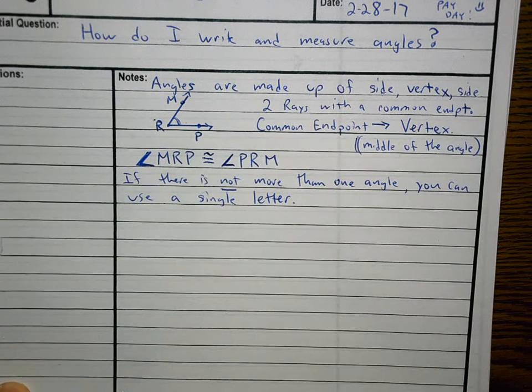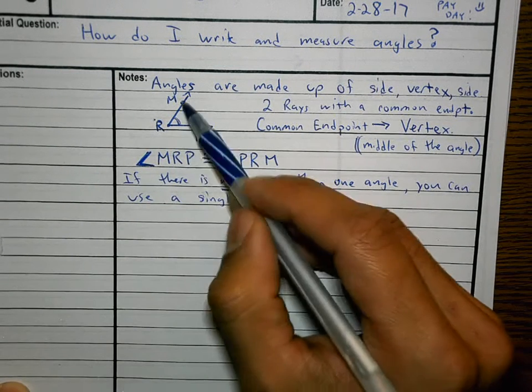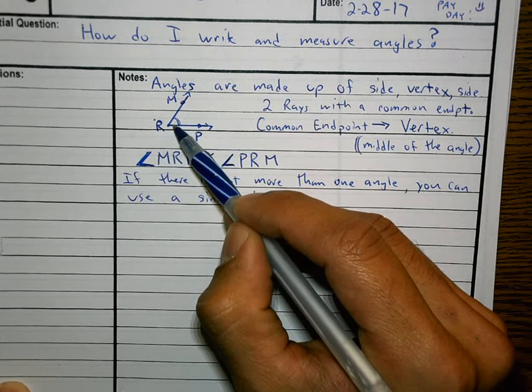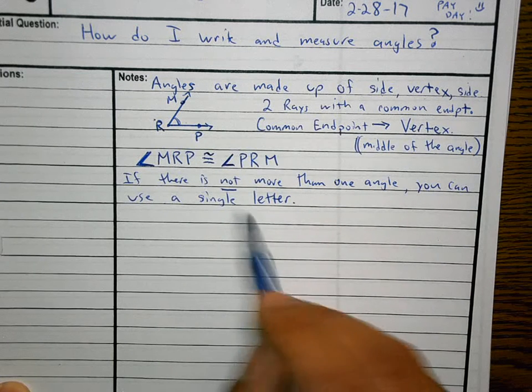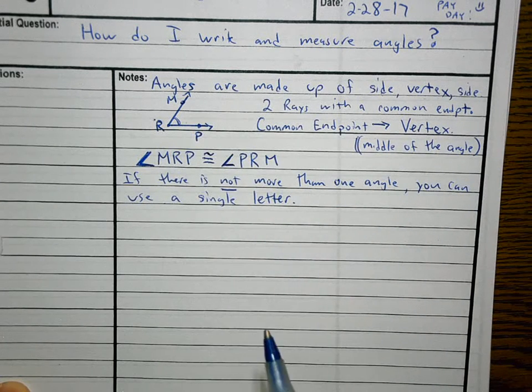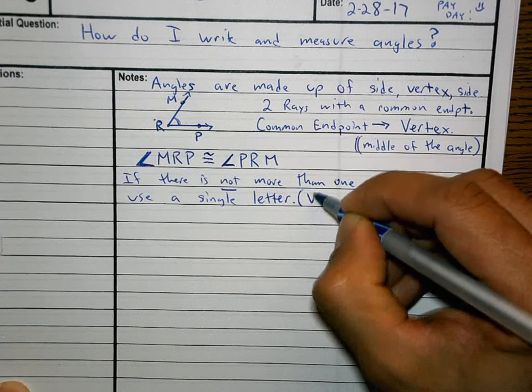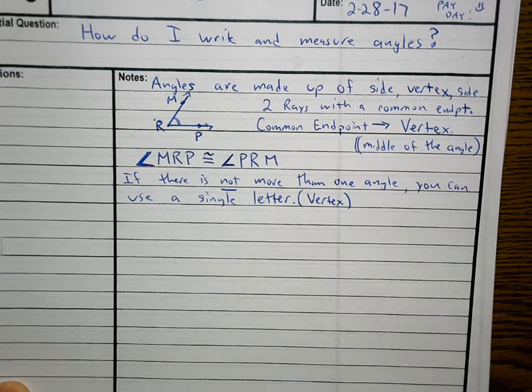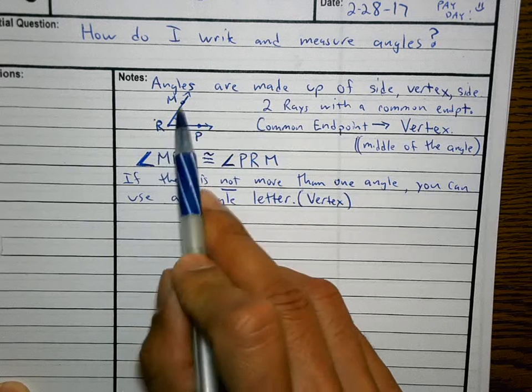This is one angle. I only see one angle here. I can use a single letter. That single letter has to be the vertex. So I'm going to put here vertex because that's what it needs to be. What is the single letter, what's the vertex called?